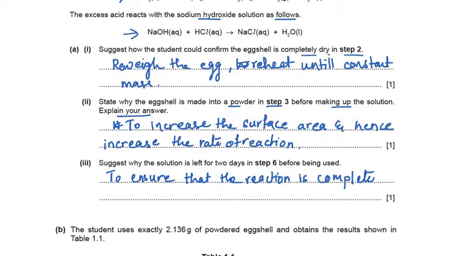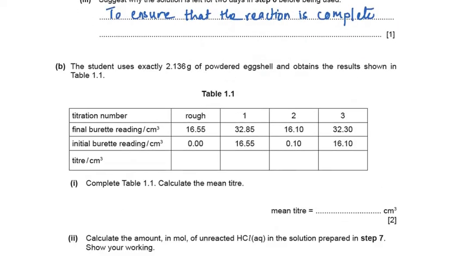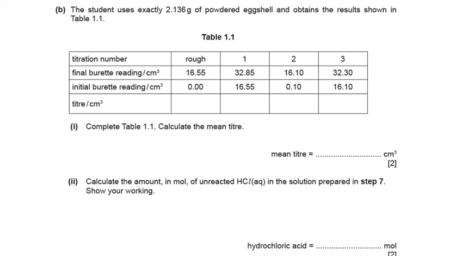Now let's go ahead with the next part of the question, which says a student uses exactly 2.136 gram of powdered eggshell and obtains the results shown in table 1.1, and here is our table. What is done here? The titration number, final burette reading, initial burette reading. The rough titer is here 0 to 16.55, so our titer again is 16.55 centimeter cube.